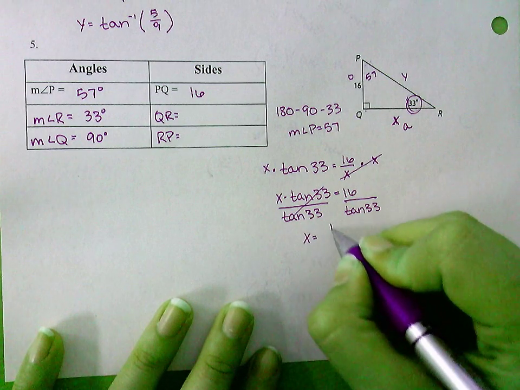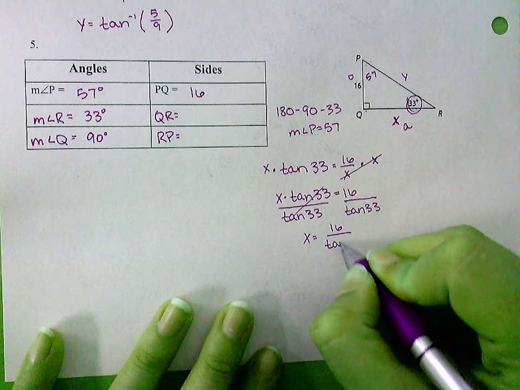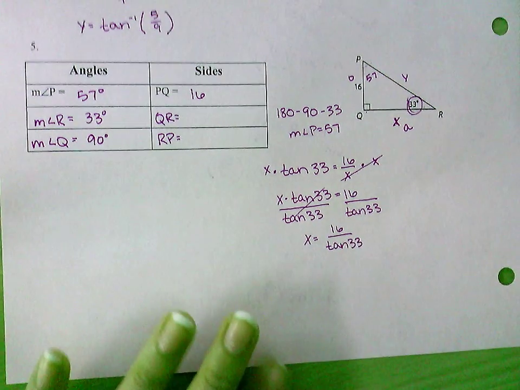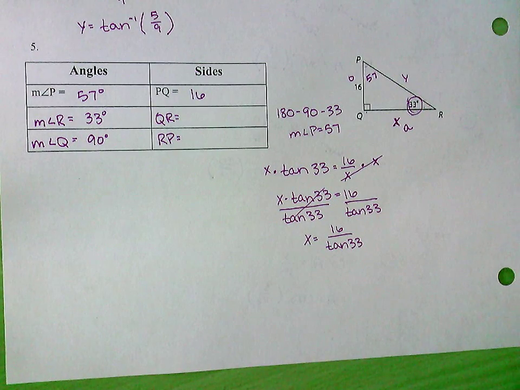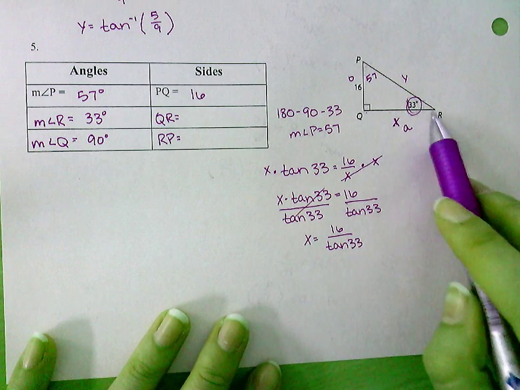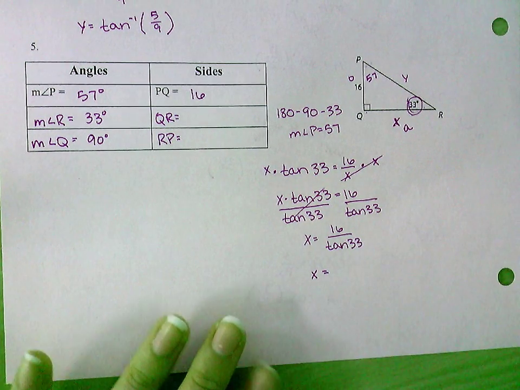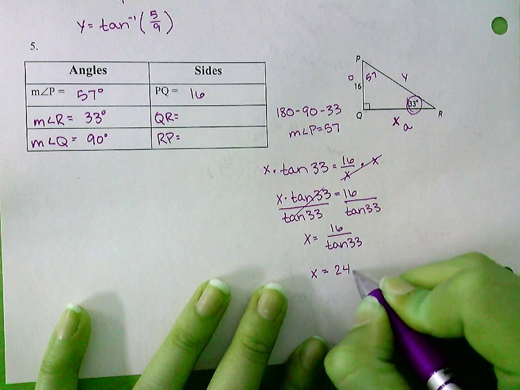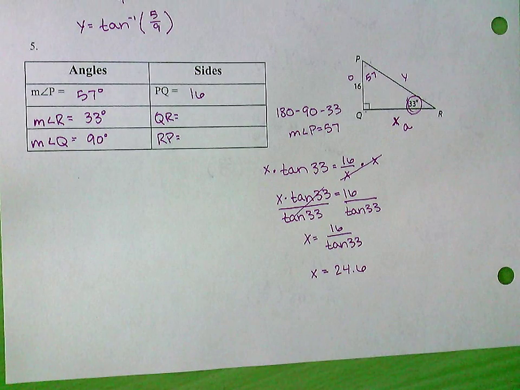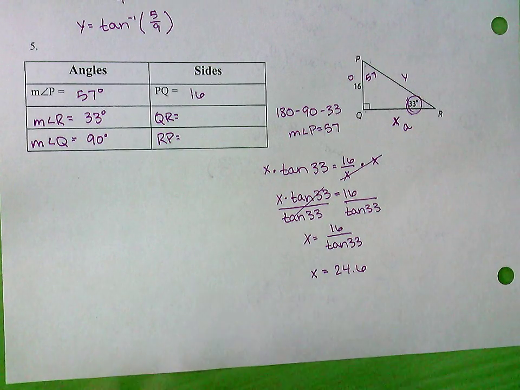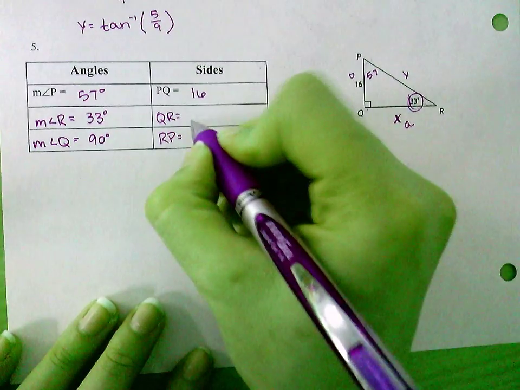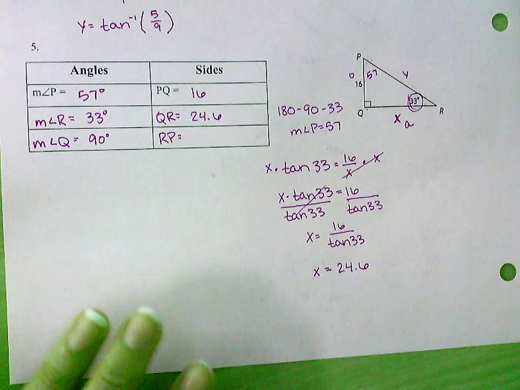We have X is equal to 16 over tangent of 33, and you can plug that into your calculator to find QR. So QR up here will be 24.6.